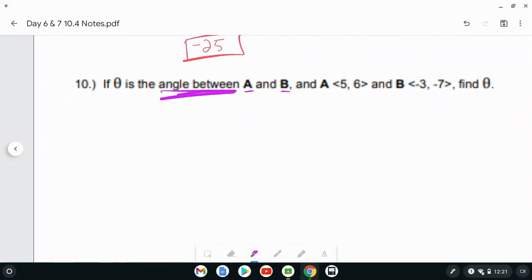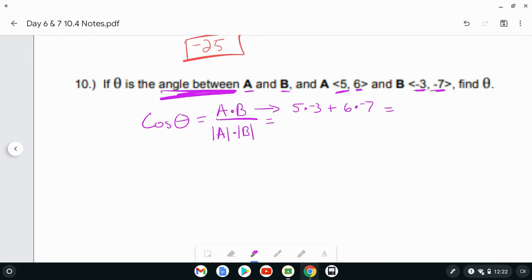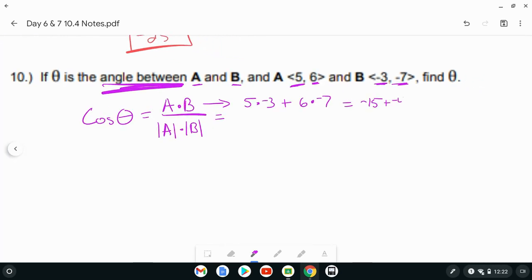Cosine of theta equals A dot B over magnitude of A times the magnitude of B. So if we did the dot product for those two, that would be the horizontal component of A, which is 5, times the horizontal component of B, which is 3, plus the vertical component of A times the vertical component of B. So the numerator is just going to be -15 plus -42.